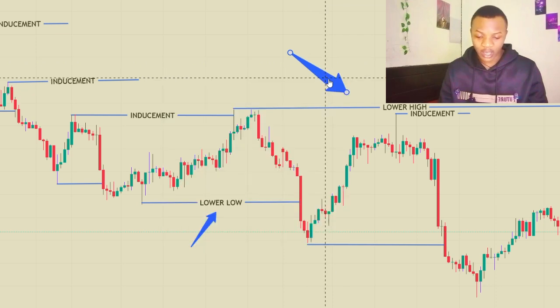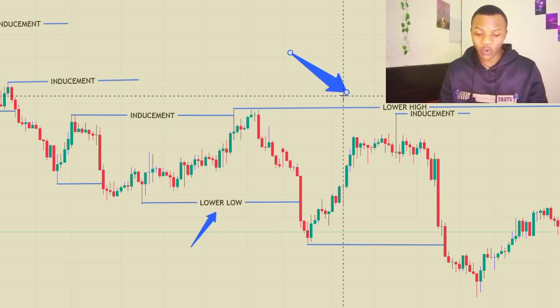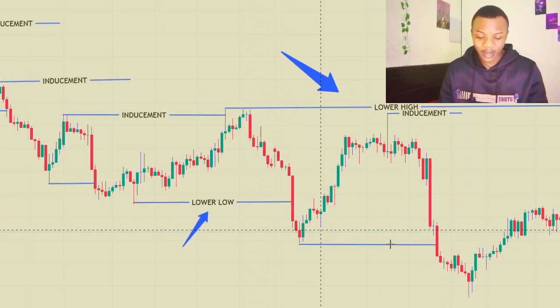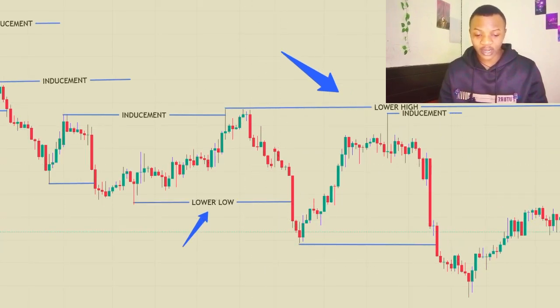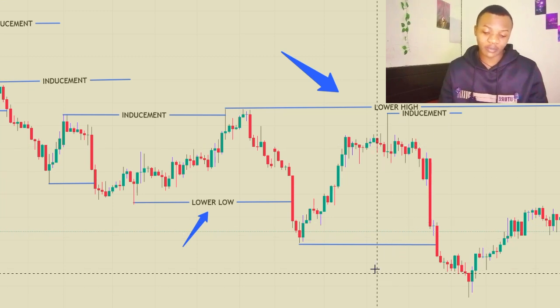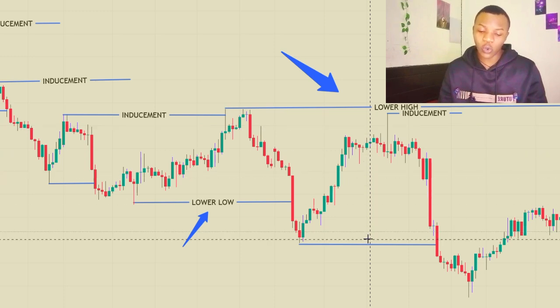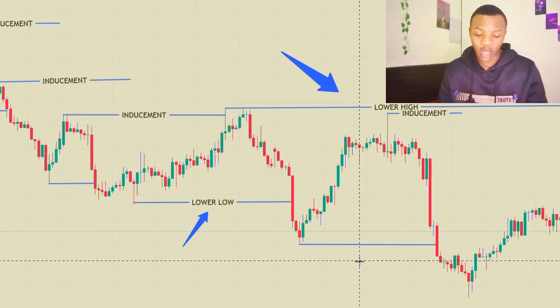As you can see here, we confirmed our lower high. As I told you, the price action will always create another inducement, but we shall not consider it as our lower high or our lower low. So that's how we can mark up our charts with highs and lows.